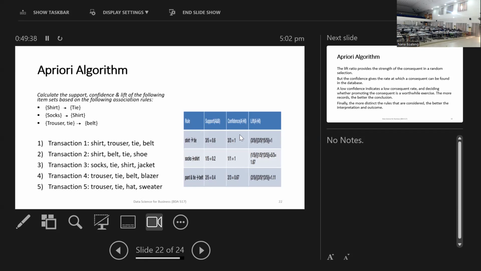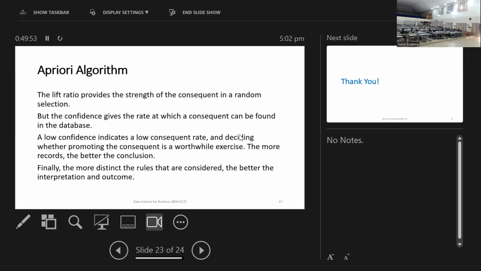So in the exam, for instance, whichever you choose, finally, the more distinct the rules are, the better.